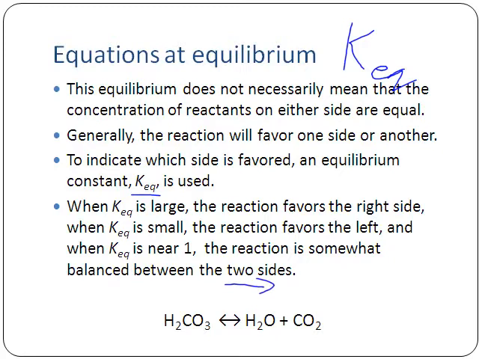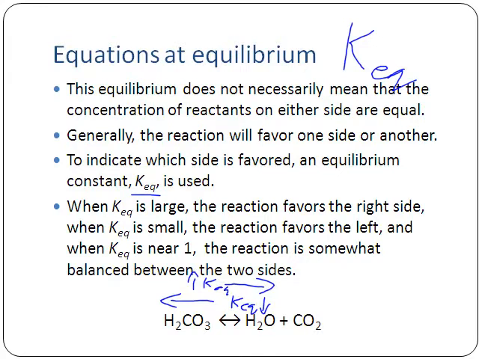So when KEQ is big, you get going to the right. On the other hand, if KEQ is small, the reaction is going to favor the left side. And so if KEQ is small, then it's going to typically have more concentration on the left than it does on the right. When we say small, we're basically meaning a small decimal. Okay? KEQ does always have to be positive.